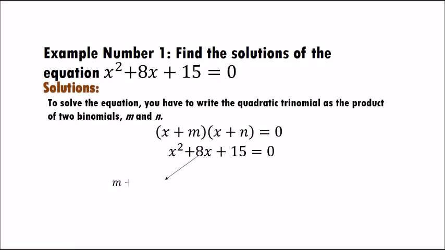So, remember that m plus n, kapag pinag-add mo si m plus n, yung itong 8, dapat yung magiging result. At kapag pinag-multiply mo naman si m and n, itong last term ang magiging result or 15.